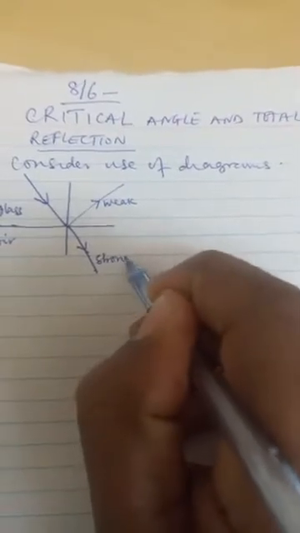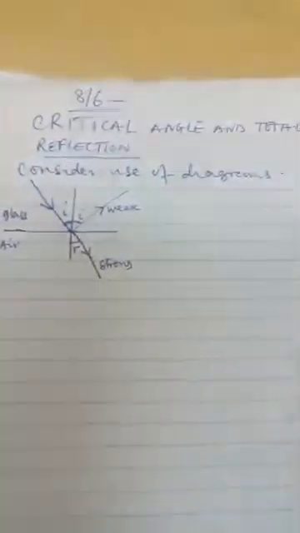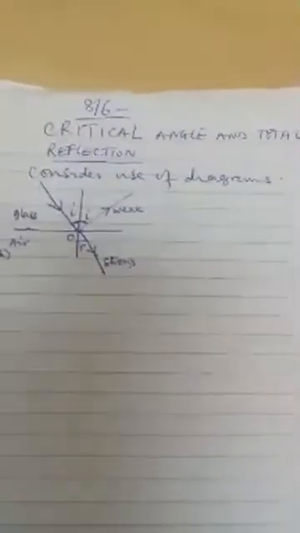This angle, as usual, is the angle of incidence, and this angle is the angle of refraction. Since there is refraction here, the angles obey the laws of refraction of light.